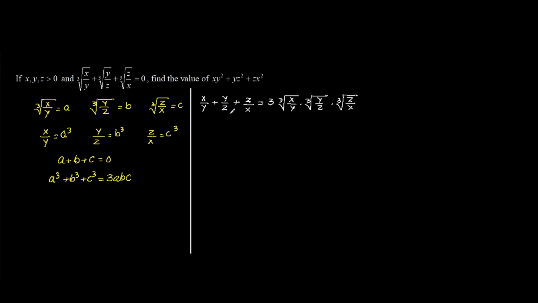Now, if we take the LCM on the left hand side, the LCM will be xyz. So, for the first one, we shall have x square z, plus for the second one, we shall have y square x, plus for the third one we shall have z square y, whole over xyz equals 3 times.